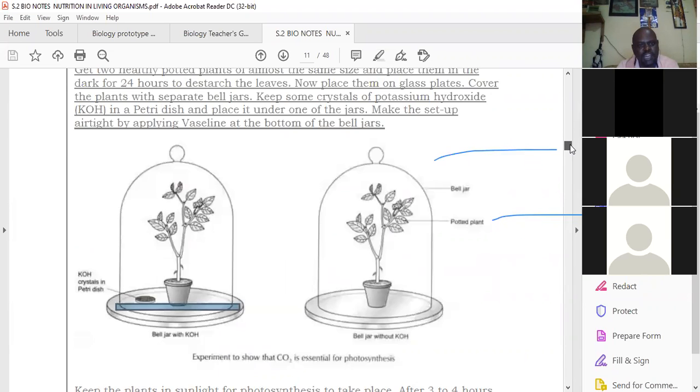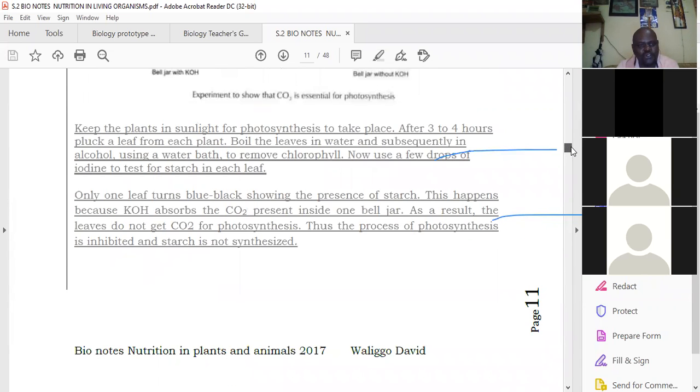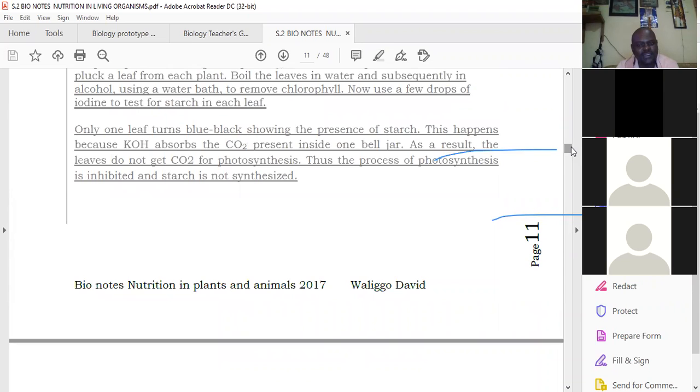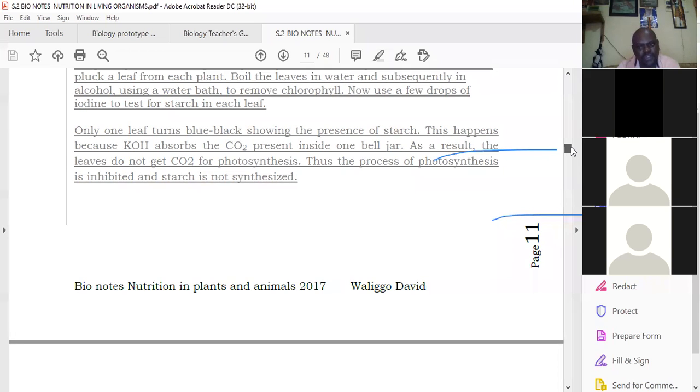So we conclude that really carbon dioxide is needed for photosynthesis to take place, because when we eliminated it in the first case, the leaf did not carry out photosynthesis, and where we left it, the leaf carried out photosynthesis.